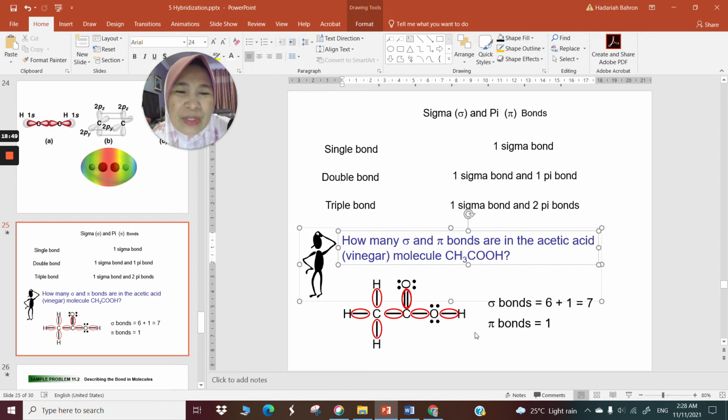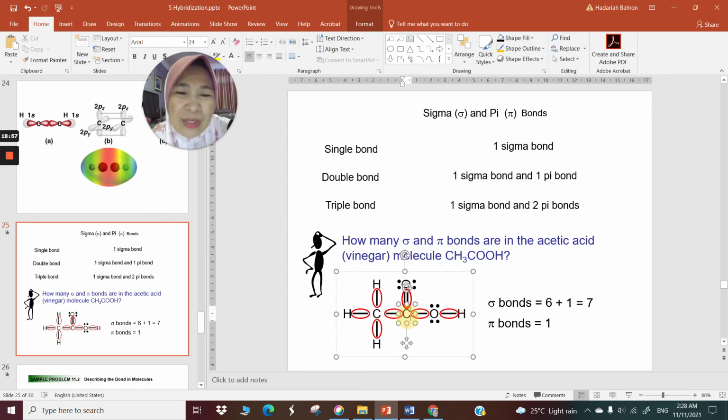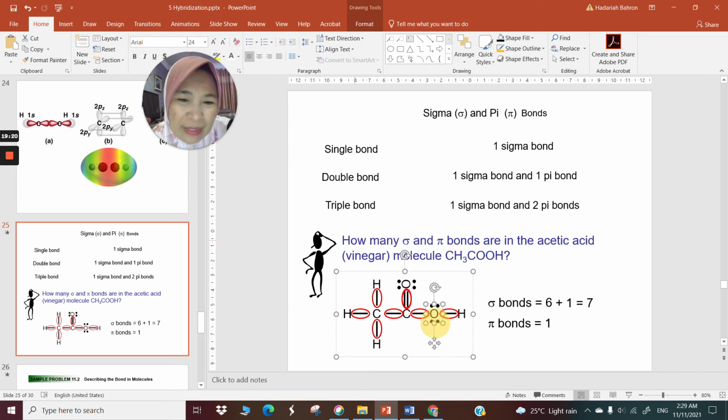If you draw your Lewis diagram, you're going to find that the first carbon is sp3 hybridized, whereas the second carbon is sp2 hybridized. And your oxygen here will be sp3, but two of them are lone pairs of electrons and the other two are bonded pairs.